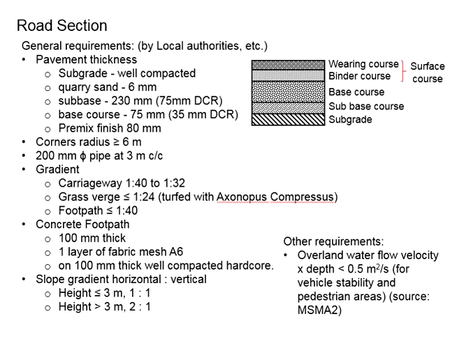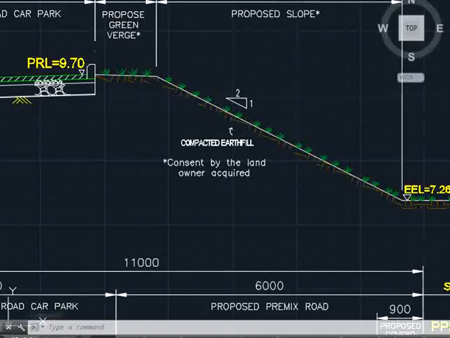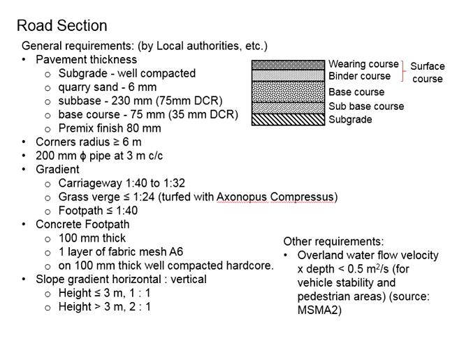Now, if the elevations exceed 3 meters, the horizontal to vertical gradient shall be of maximum 2:1, which is milder as compared to the height less than 3 meters of gradient 1:1. Now, the backfill soil to form the gradients needs to be well compacted and properly turfed. The species of the turfing are specified.